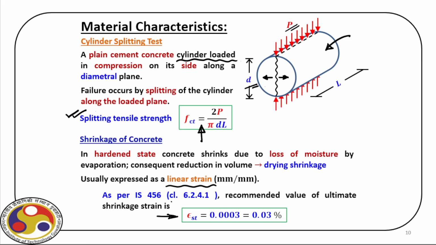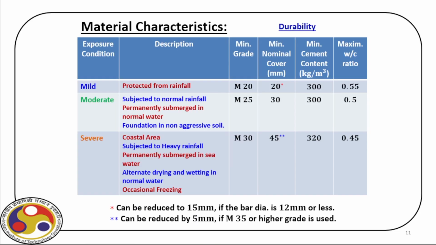Now, we have also discussed some of the other features or characteristics of concrete, and one is what we call durability, right? If you look at the codal provisions, we have different exposure conditions for concrete. It may be mild, moderate, or severe.